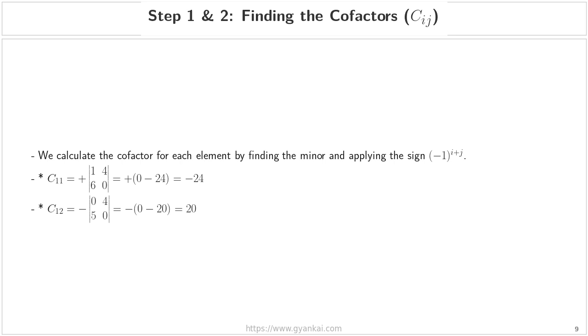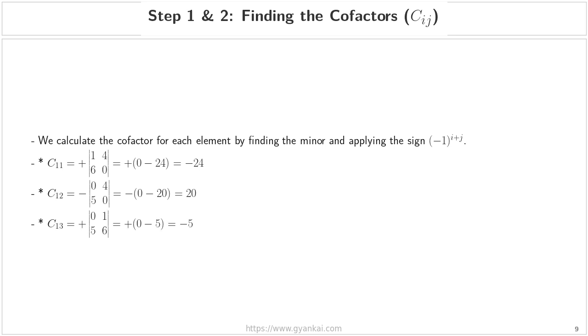We find the determinant of the matrix with 0, 4, 5, and 0. This gives us -(0 minus 20), which simplifies to +20. For the third element, C13, we use a plus sign. We calculate the determinant of 0, 1, 5, and 6, which is 0 minus 5, giving us -5.